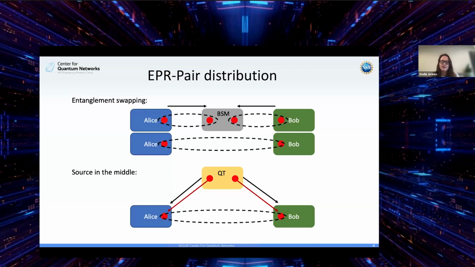So this is our kind of high level argument for having a source in the middle architecture where that source generates the EPR pairs and then distributes them along a network to our consumer pairs, which in this case is Alice and Bob. We can have more than one, and we will show at least one instance where we have, I think, maybe 20 consumer node pairs, but you'll need at least two.